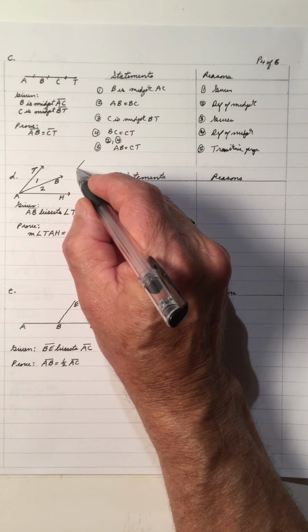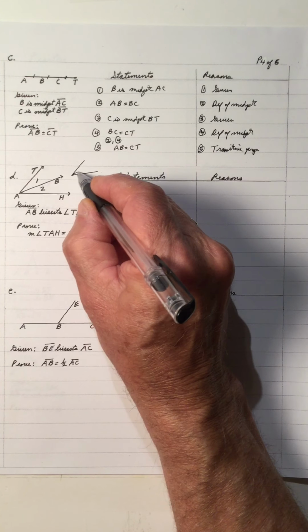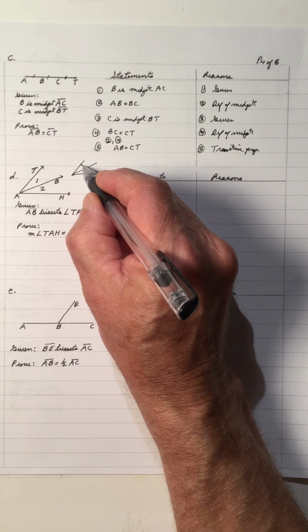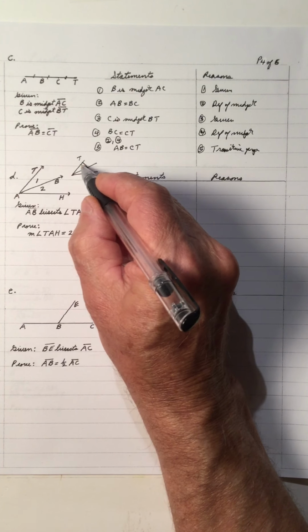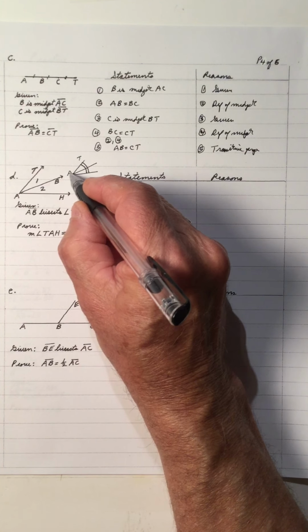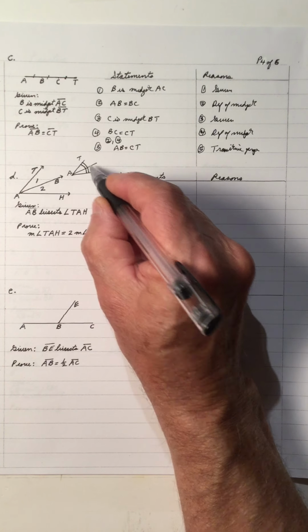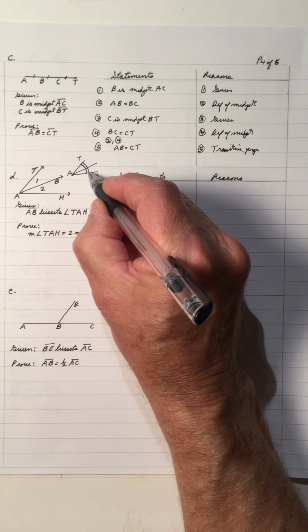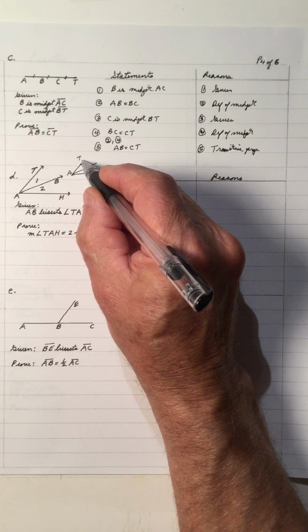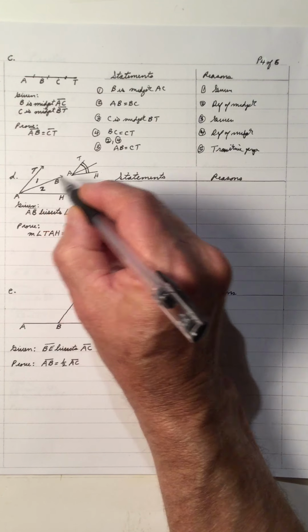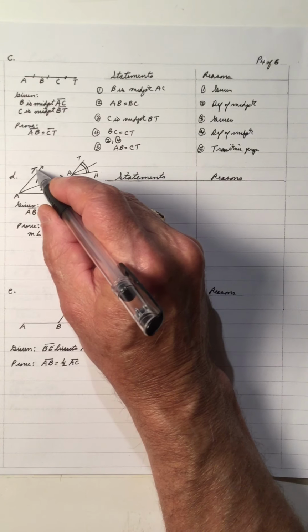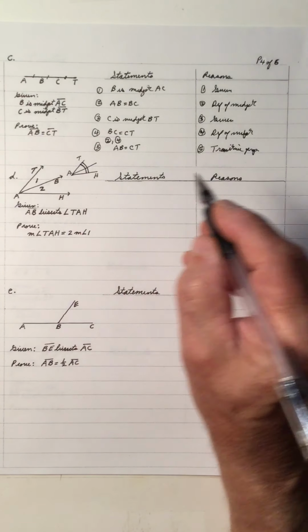If I did this, two bars going through the angle, that means TAH is through the angle BAH. So when I say 1 and 2, I mean just these two smaller angles.